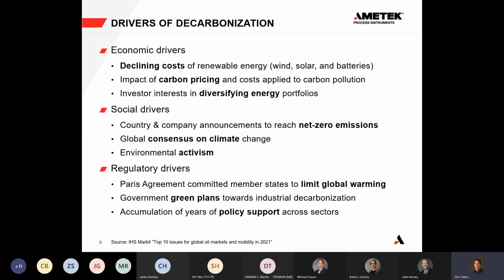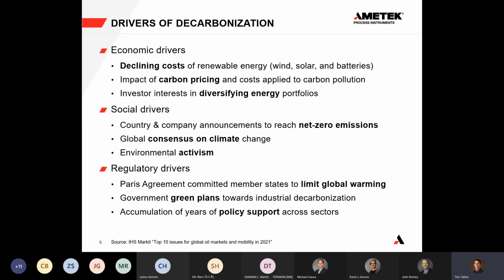Now, from a social perspective, a number of countries and companies are working towards announcements and commitments that they've made towards net zero emissions. So net zero, no carbon emissions with their industrial production. There's also the social drivers of the global consensus on climate change and ongoing environmental activism.